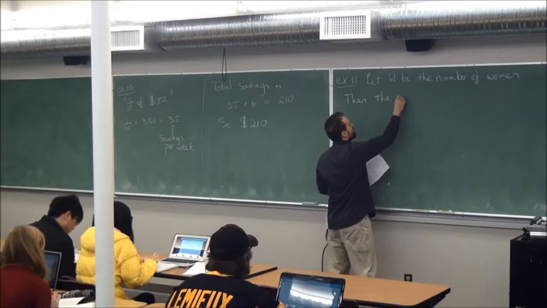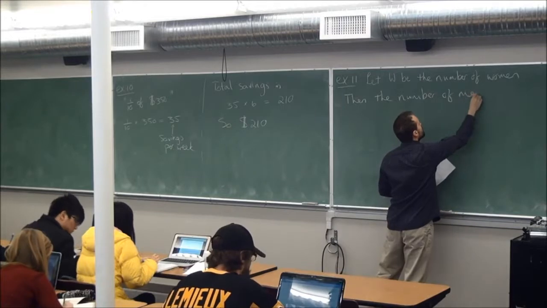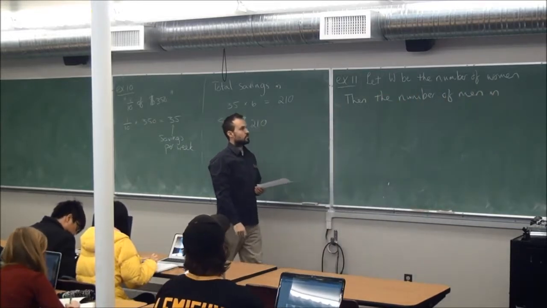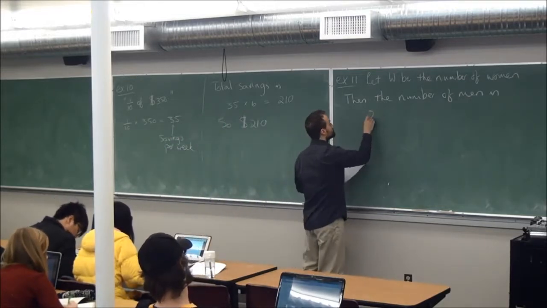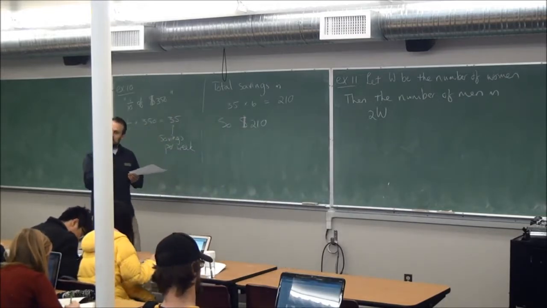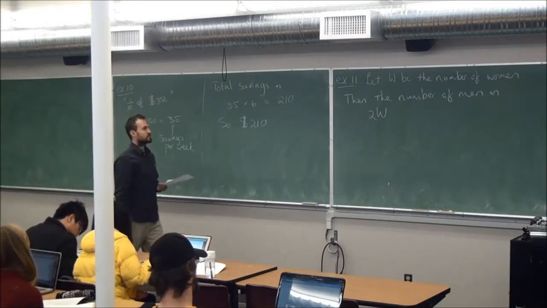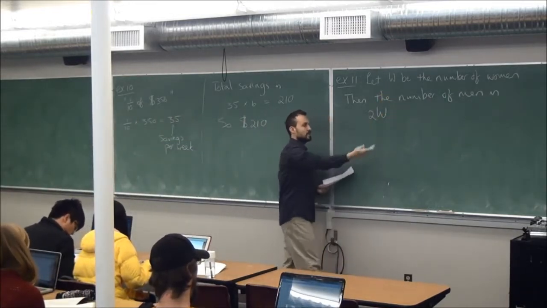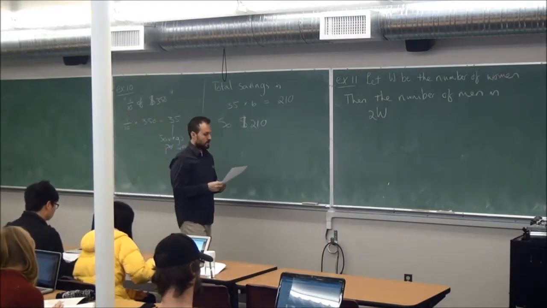What is the number of men if W represents the number of women? 2W? So I don't need to define a new variable. If I can keep down the number of variables, that'll make my life easier when I get to the equation phase. By knowing the number of women, the number of men can be expressed in terms of that variable.